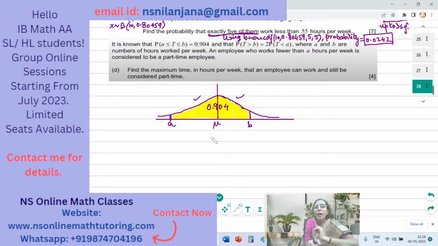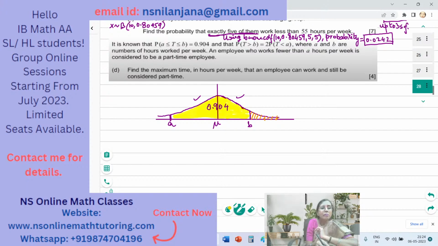Okay, and they are saying that this part, P of T greater than B, that means this one, is equal to 2 times P of T less than A, which is this one.